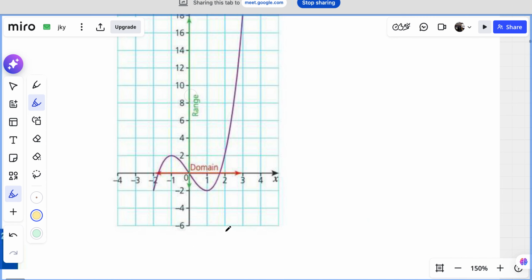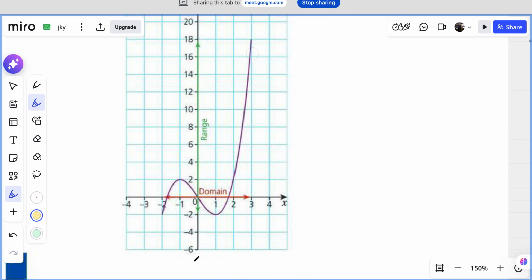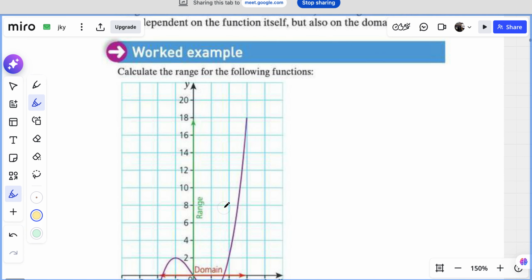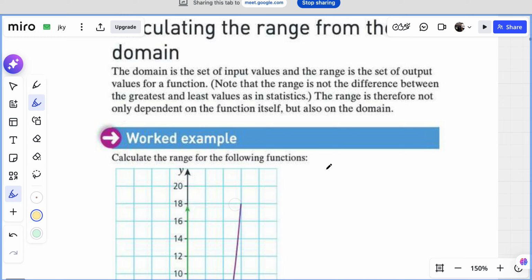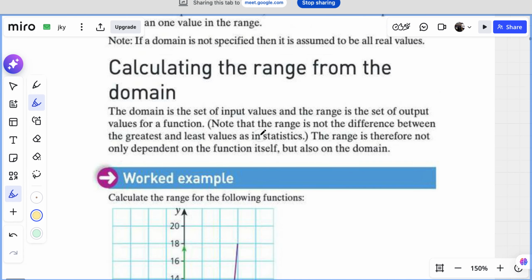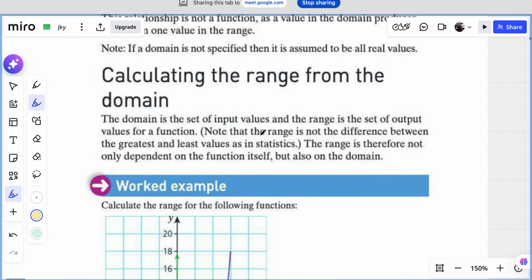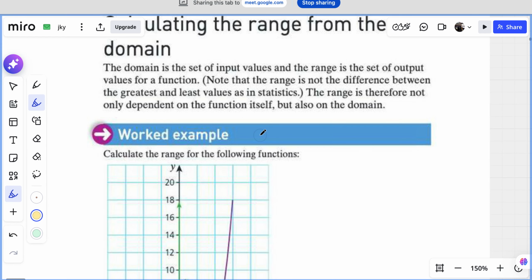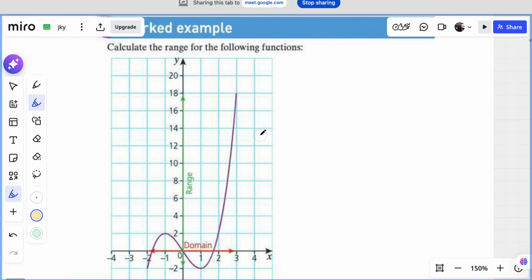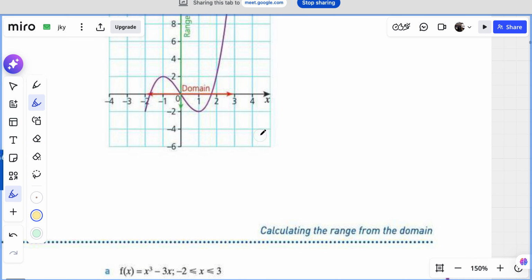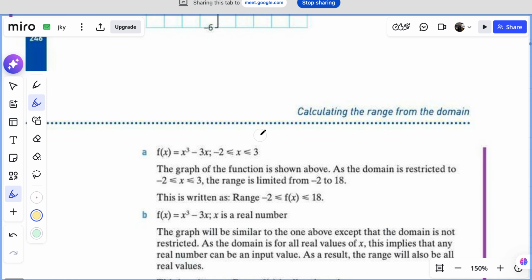When we are given a cubic graph like this one that is plotted, we choose a given domain of x values, then make a table and key into the function.